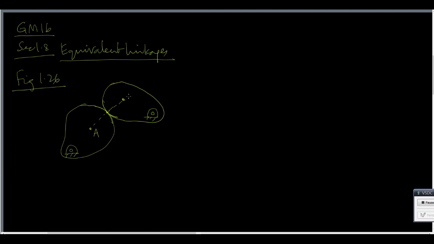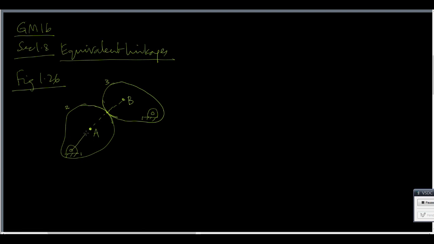Let this point be A, let this point be B. Think of point A as being fixed in this body, right? So now here, this was 1, this is body 2, this is body 3. This is a 3-body planar linkage, but with a higher pair here. But now we are looking for an equivalent linkage, and what we have here is A is the center of the instantaneous circle at the contact point.